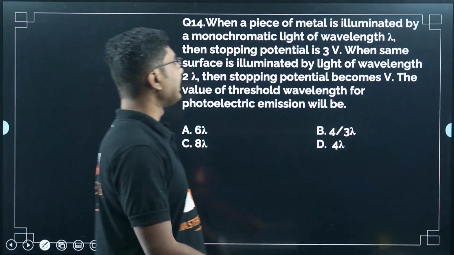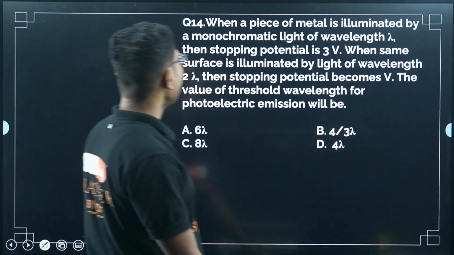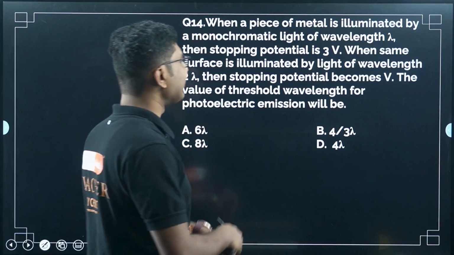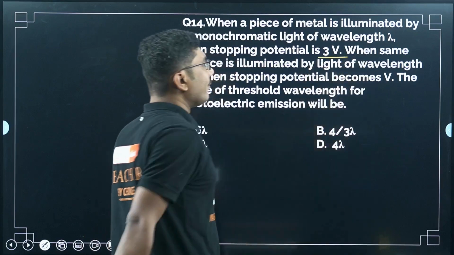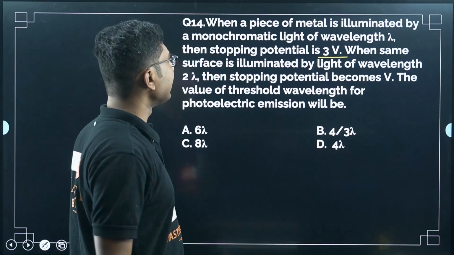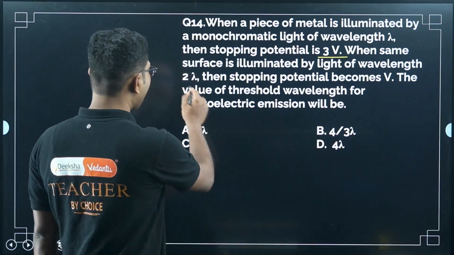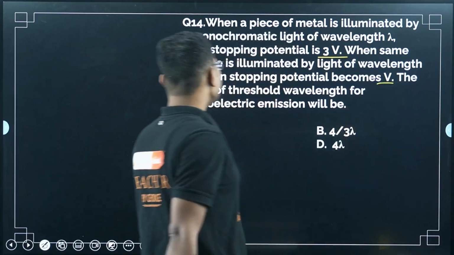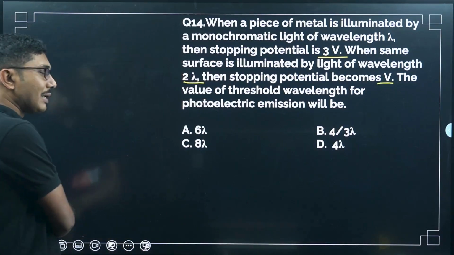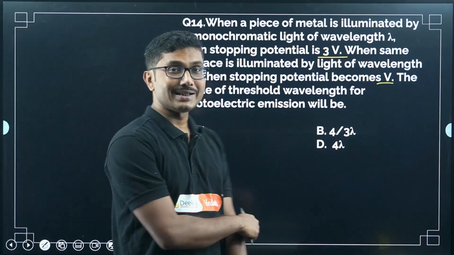When a piece of metal is illuminated by a monochromatic light of wavelength lambda, the stopping potential is 3V. When the same surface is illuminated by a light of wavelength 2 lambda, the stopping potential becomes V. The value of threshold wavelength of the photoelectric effect. Very interesting question.